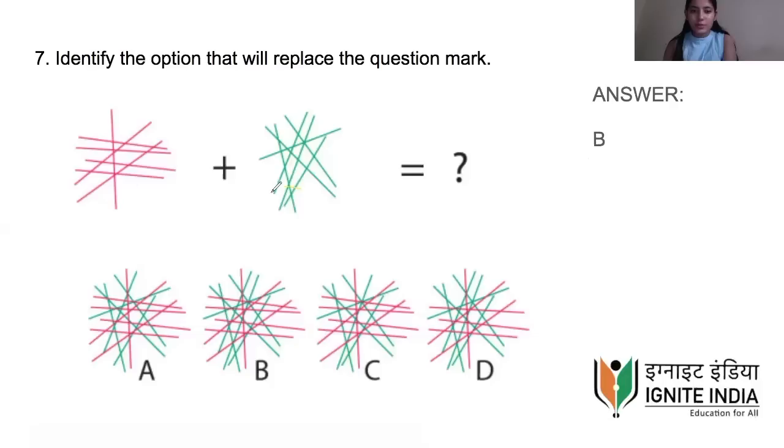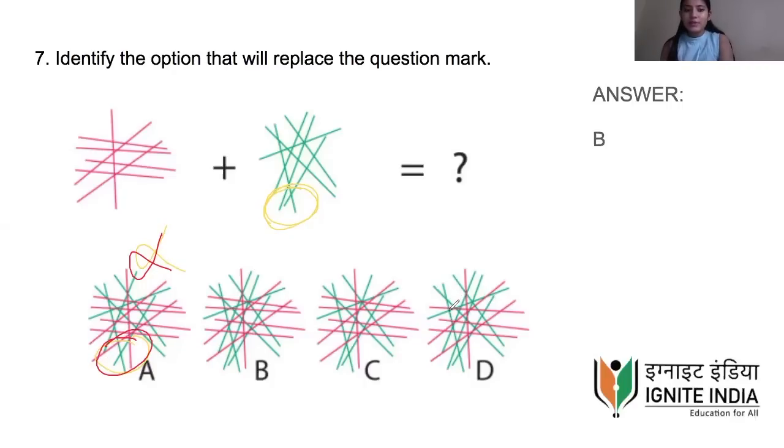If you see this part, it is not there in this. See, there are 2 lines here, which means A is eliminated. Because see, this part and this part are completely different.